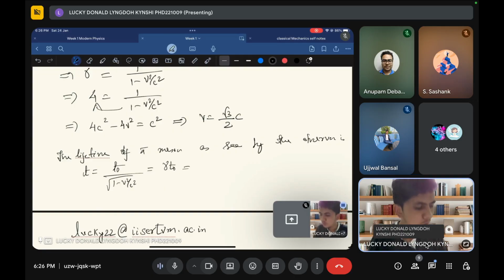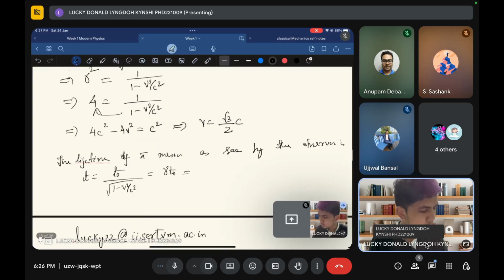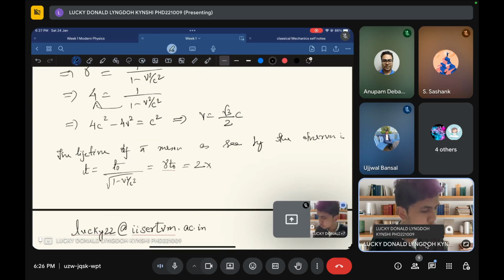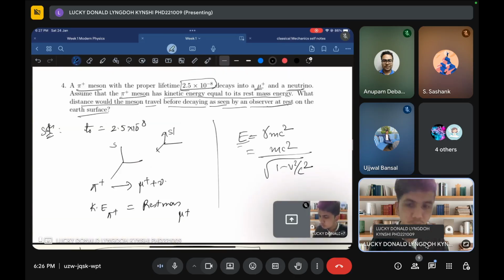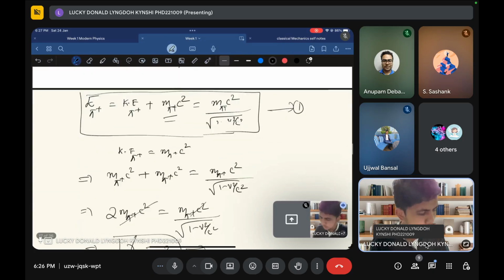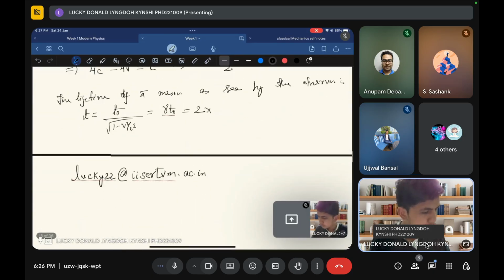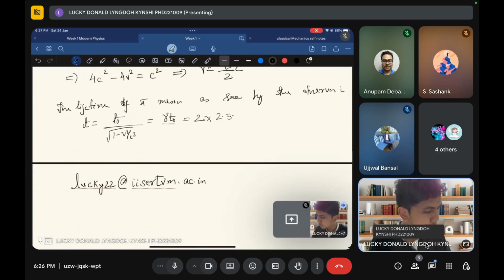Gamma you have already calculated to be 2, and t naught is given as 2.5 times 10 to the power minus 8. So 2 times 2.5 times 10 to the power minus 8 gives 5 times 10 to the power minus 8, and this is in seconds.